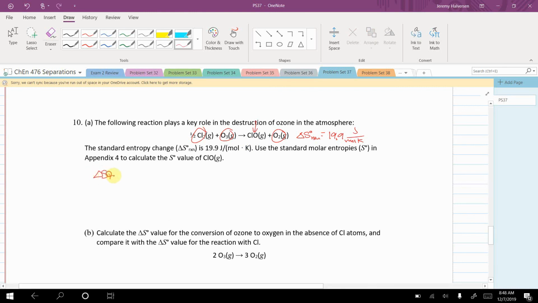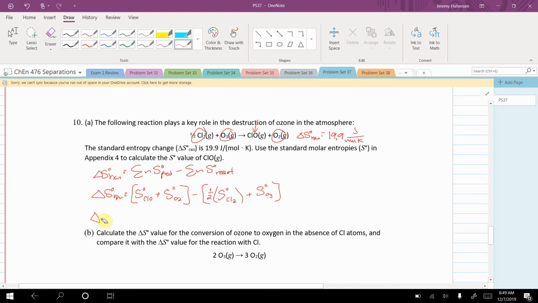So we know that delta S of a reaction equals S naught products minus S naught reactants. So that's going to be S naught of ClO plus S naught of O2 minus 1/2 S naught of Cl2 plus S naught of O3.